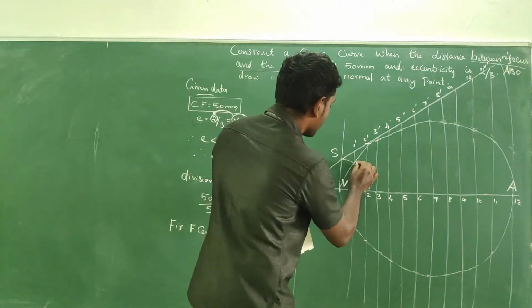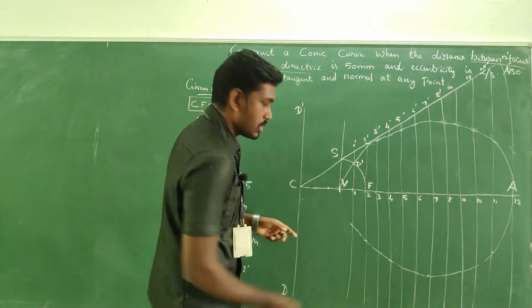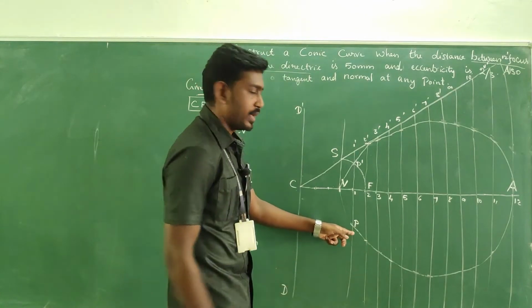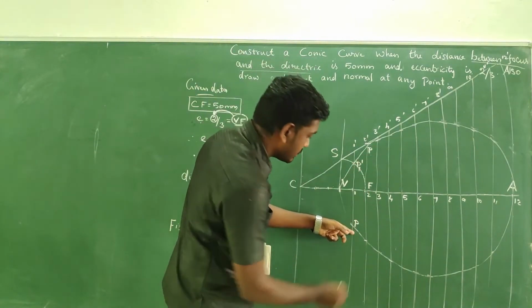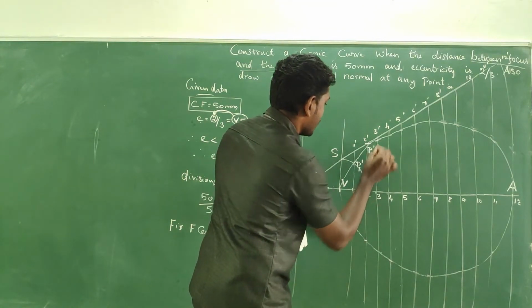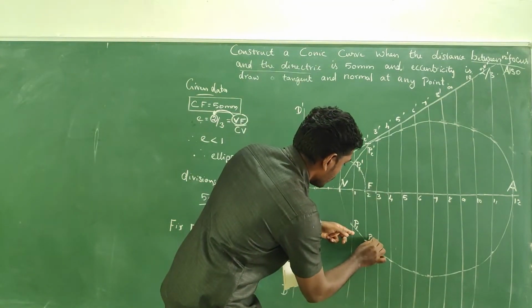So this is the first point. I'm going to call this P1 dash, and in the lower, P1. This is P2 dash, the second line, and P2.